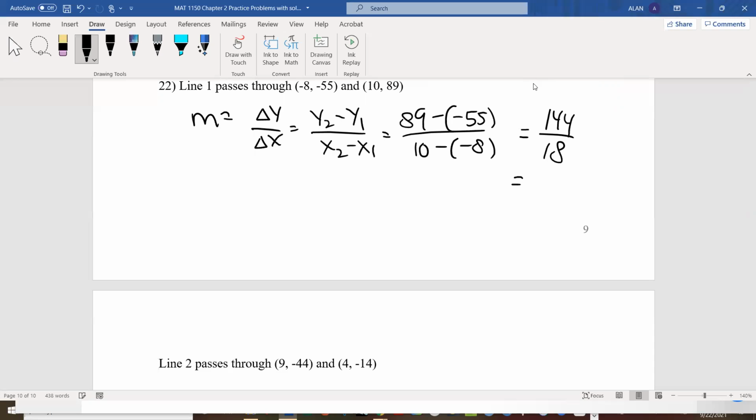Now that reduces to, surprisingly enough, 8. Is that possible? Yeah, that's 8. How do you like that? Ooh, I wouldn't have guessed. It's 8. Yes, if you divide 18 into 144, it's 8.